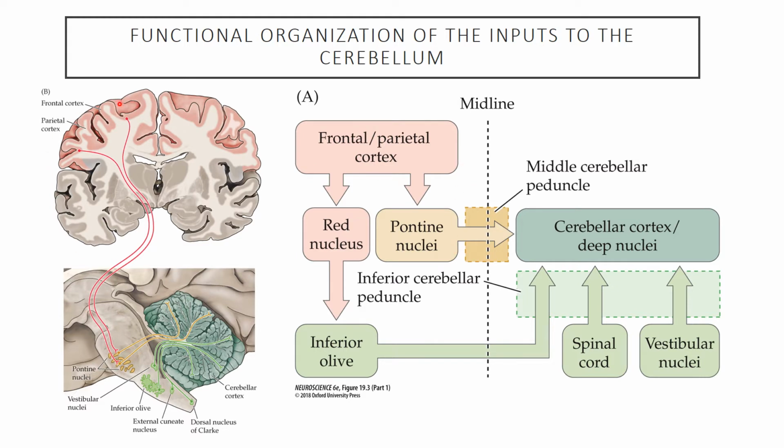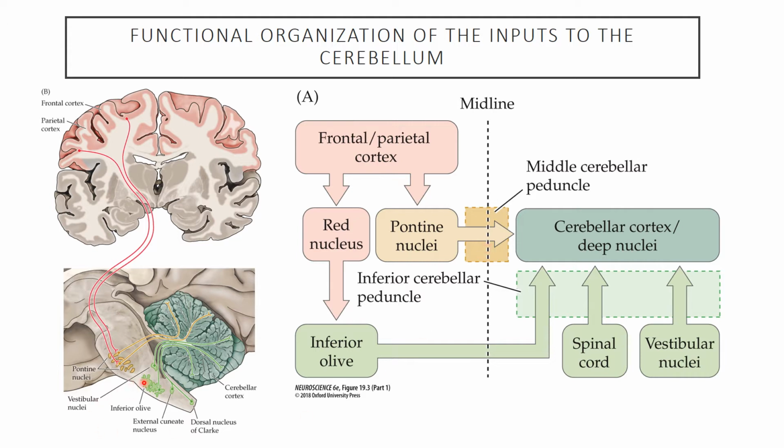So a bunch of different areas within cortex will synapse onto these deep areas called the pontine nuclei. And these are within the pons, on the ventral portion of the pons. Then these pontine nuclei actually cross the midline. So if you're talking about pontine nuclei on the left, they will decussate and then connect to the right cerebellar cortex via the middle cerebellar peduncle.